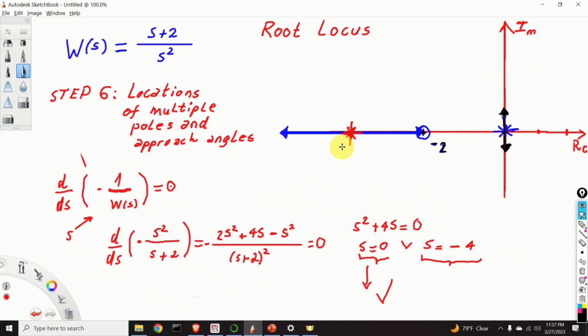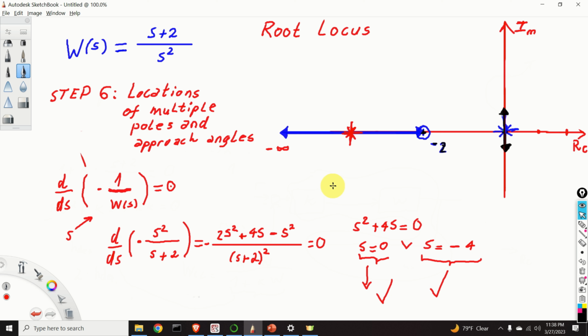And that's actually correct because we know from the previous analysis that this whole segment on the real line belongs to the root locus. To remind you, this is minus infinity. And consequently, this is also the point of multiple poles. And we have actually 2 poles over here.